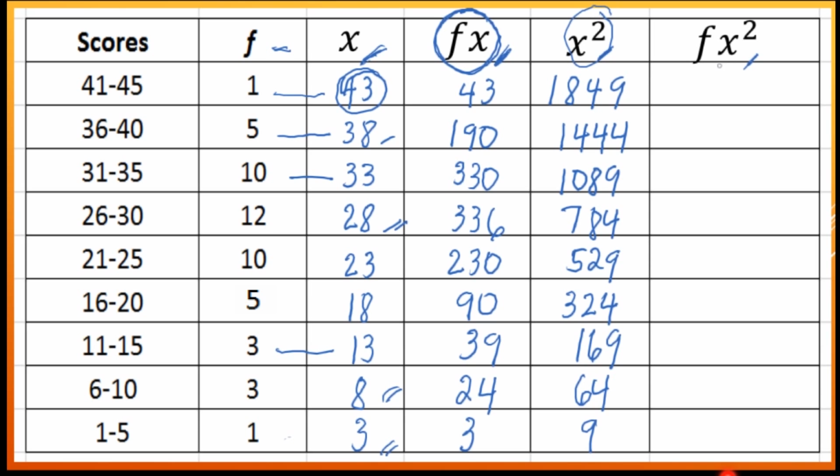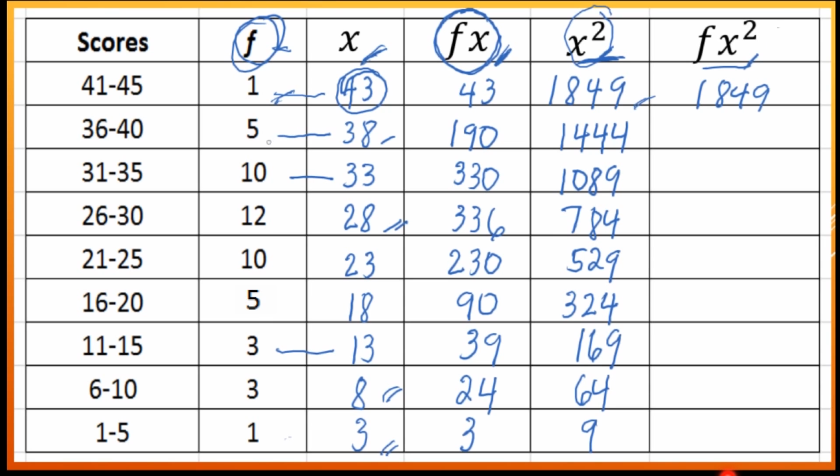What about fx squared, or simply the product of f and x squared? For the highest class, we will simply multiply 1 and 1849, and of course that will give us 1849.